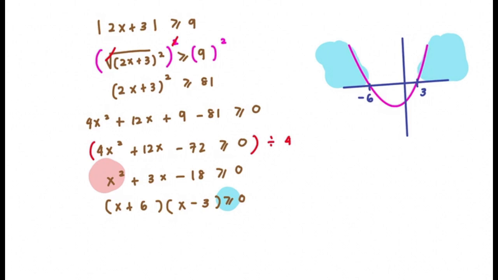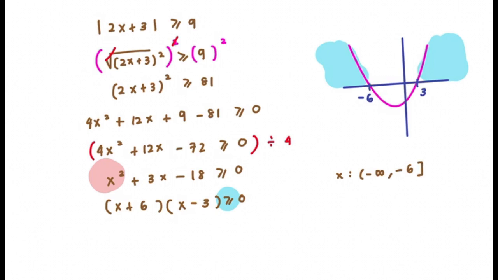So how to write your last answer? Look at the first area here. The first area is from −infinity until −6. They stop here. So just write the notation, which is −infinity up until −6, and then the bracket will be a close bracket.